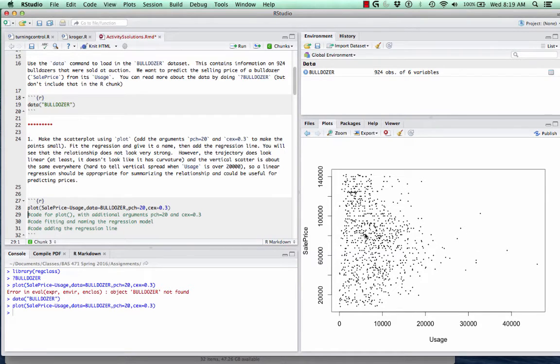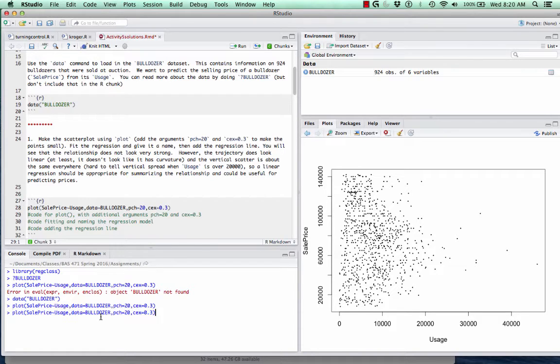There's no obvious curvature here, so linear regression is an appropriate starting point, at least, to try to model this relationship. The vertical spread's about the same everywhere we look. It's hard to tell what's going on here, so we can kind of ignore that. But for lower values of usage, it looks like the points are scattered up and down by about the same amount everywhere. So it does look like linear regression is a good first step for looking at this relationship.